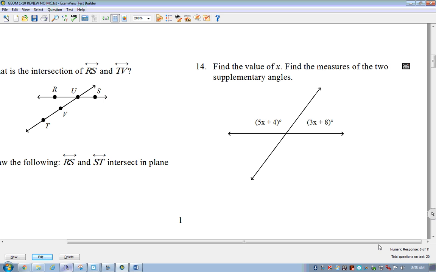It's two angles that add up to 180 degrees. These two angles form a straight line. This angle plus this angle gets me a straight line, correct? How many degrees are there in a straight line? 180 degrees. So if I take 5x plus 4 plus 3x plus 8, I will get 180 degrees.